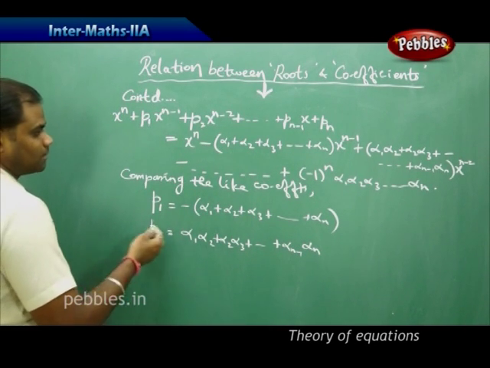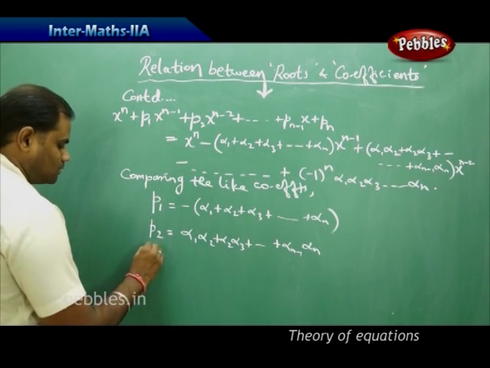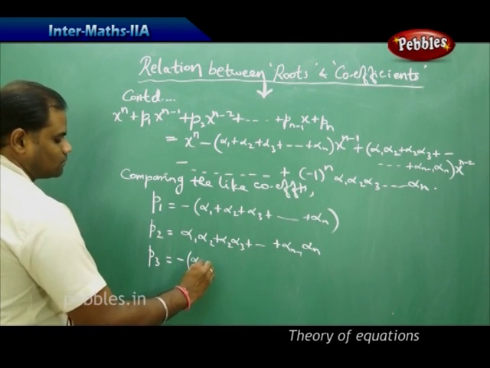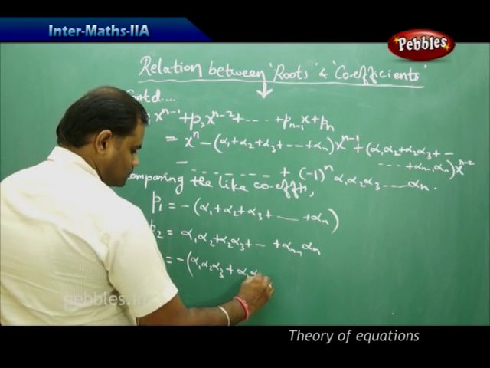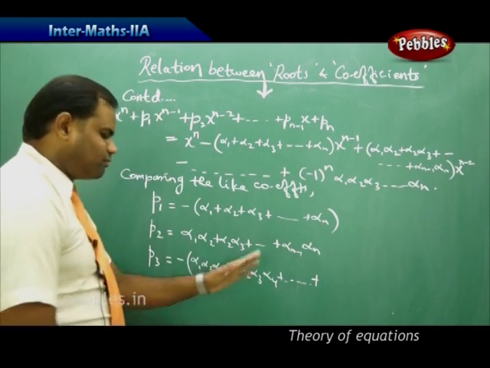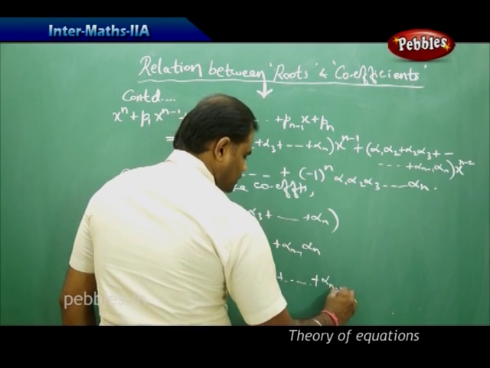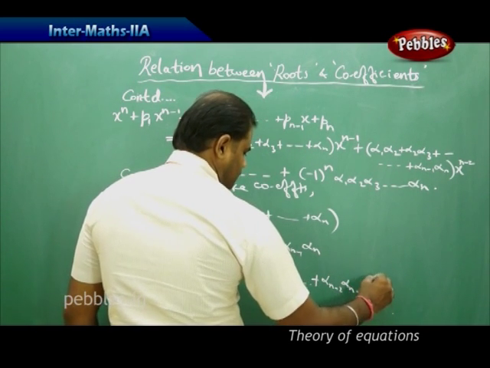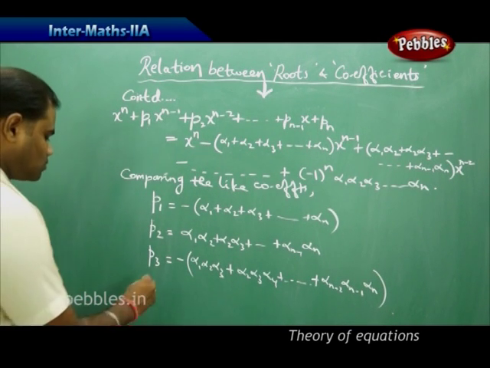And similarly, my P3 would be minus of alpha 1 alpha 2 alpha 3, then alpha 2 alpha 3 alpha 4, and 3, 4, 5, 4, 5, 6, in consecutive numbers, till alpha n minus 2, n minus 1, and alpha n, which is what I get for P3, and so on and so forth.